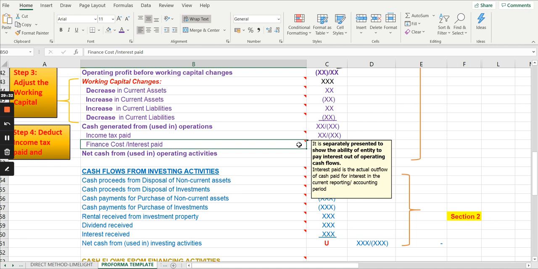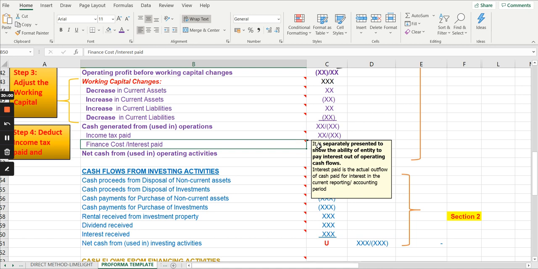Finance cost or interest paid is shown here again because you need to present it separately to show the ability of the entity to pay the interest out of operating cash flow. You need to tell the users of the financial statements that if I use my operating cash flow, it can still be used to pay my interest.